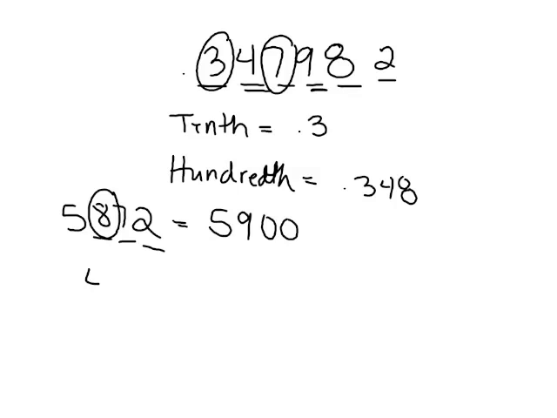Our second example is 402. Round that to the nearest 10. So ones, tens. So this is the one we want. Round up or down? Down. 2 is less than 5. So our nearest 10 would be 400.